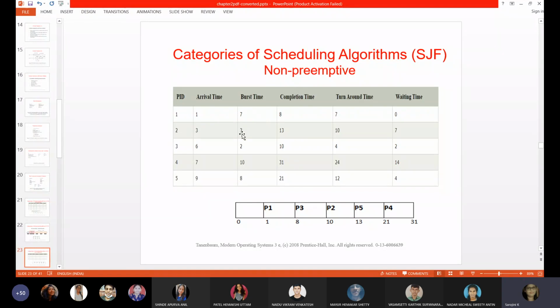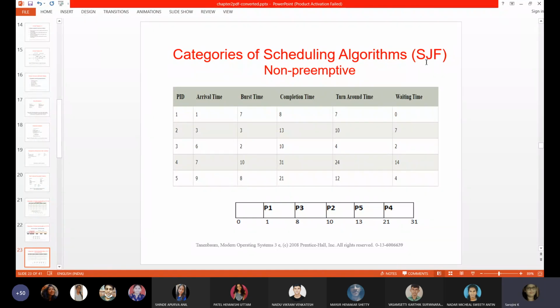Among these 3 processes, which has the shortest CPU burst time? Process P3 has the shortest CPU burst time because its burst time is 2 milliseconds. The other 2 processes have CPU burst times of 3 milliseconds and 10 milliseconds respectively.